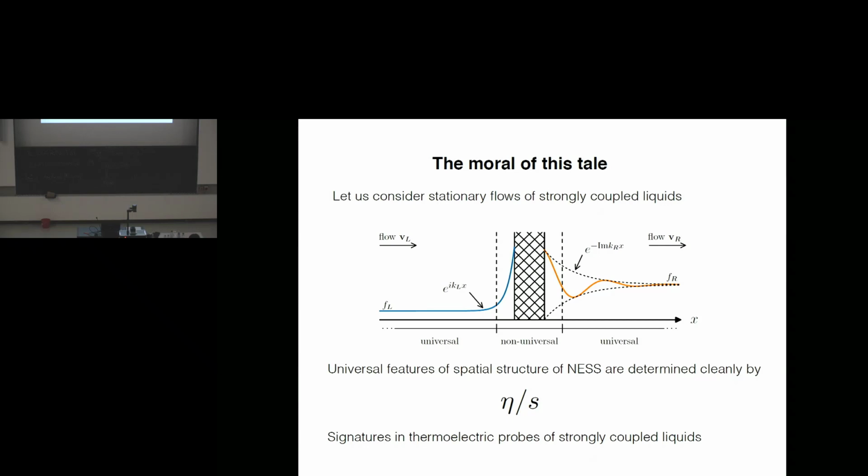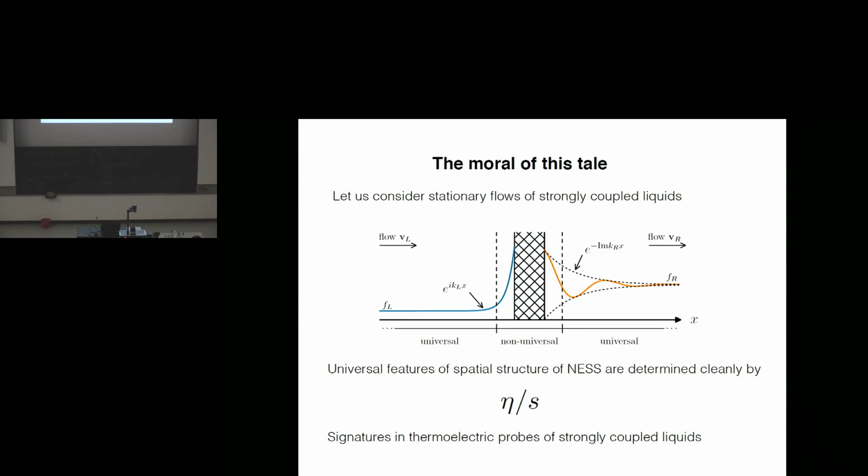The most interesting aspect of this to us is that we can describe the spatial profiles of such a flow in a completely universal manner, very much inspired by the usual things that go on in holography, but with an interesting twist. There is some very universal physics, despite the strongly nonlinear and non-universal nature of the flow around the obstacle.